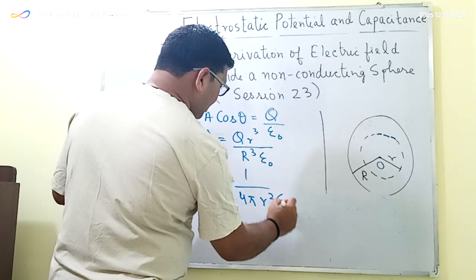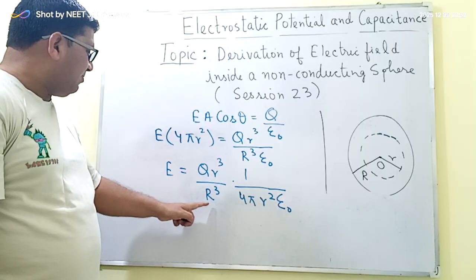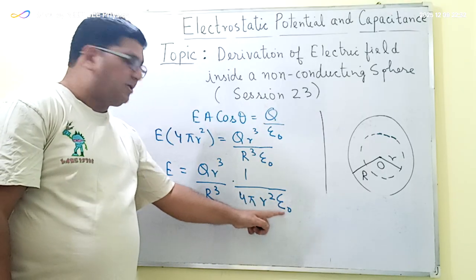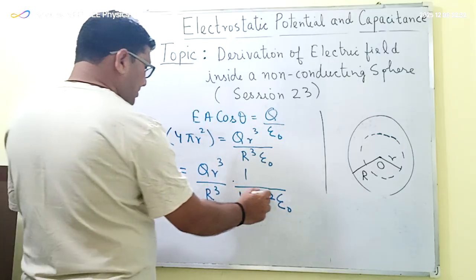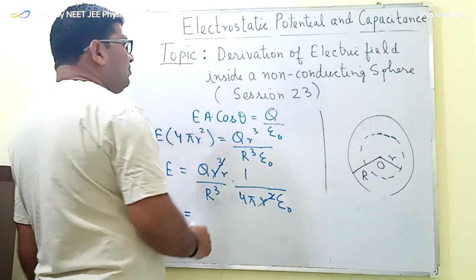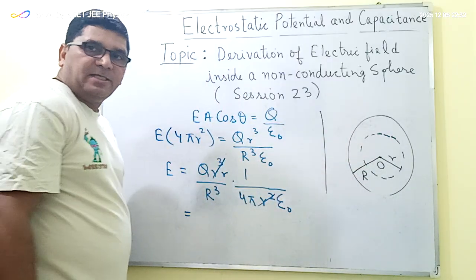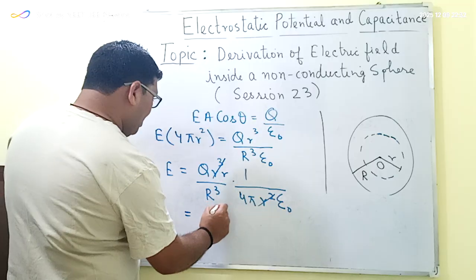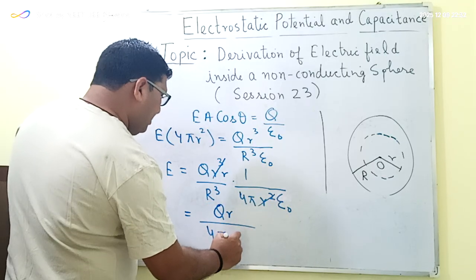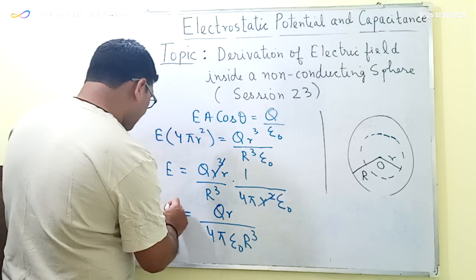So E will be equal to Q small r cube divided by 4 pi capital R cube multiplied by small r square into epsilon naught. From here, r square gets cancelled out. So finally, the magnitude of electric field at a distance small r from the center of the non-conducting sphere will be equal to Q r divided by 4 pi epsilon naught R cube.